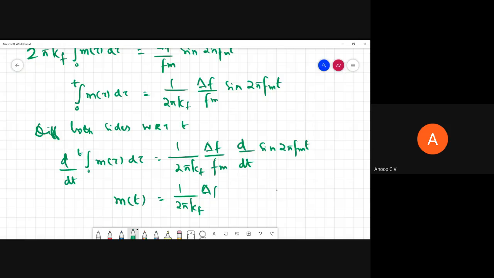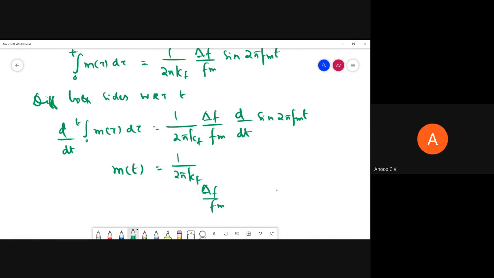So delta f by fm, this is cos 2 pi fmt into d by dt of 2 pi fmt. That will be 2 pi fm, so the 2 pi and 2 pi will get cancelled, fm and fm will get cancelled.